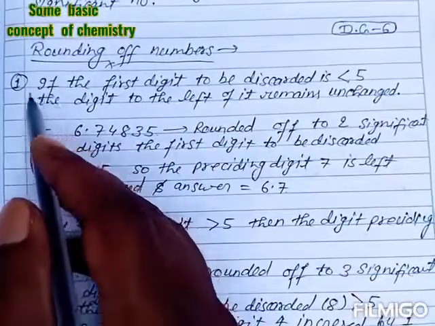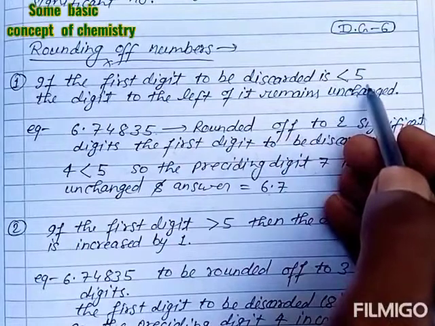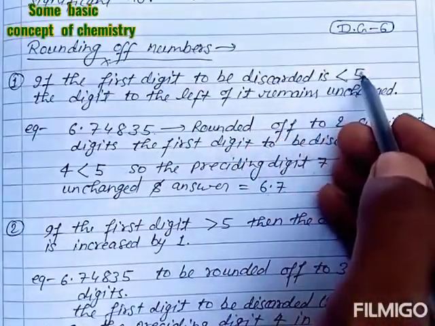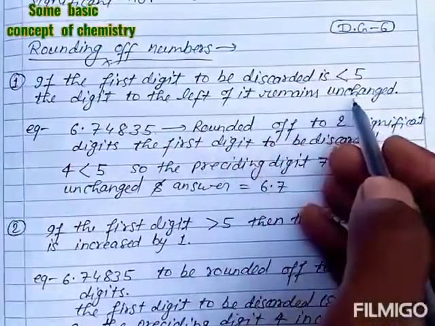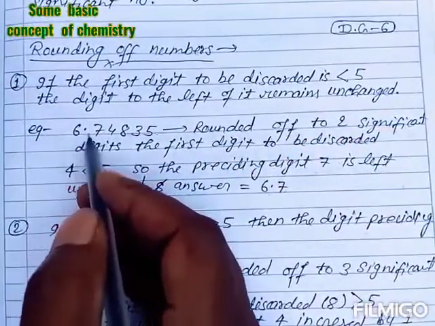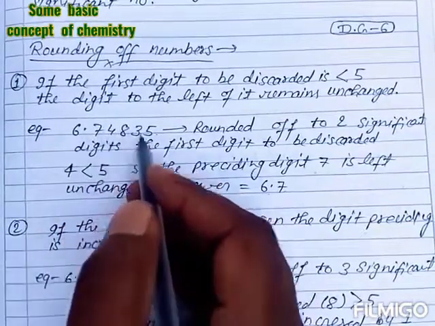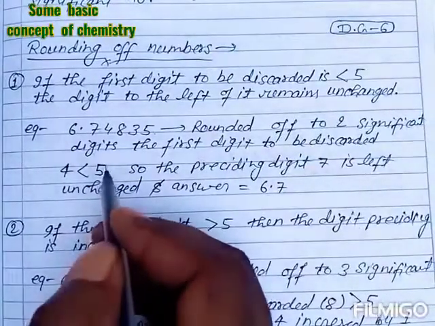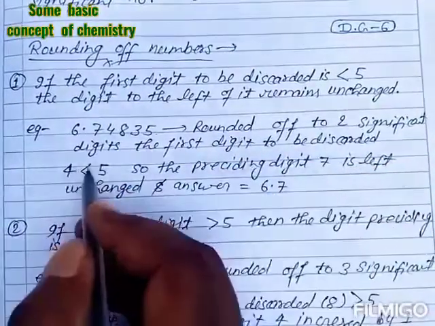Let us see rule number 1. If the first digit to be discarded is less than 5, the digit to the left of it remains unchanged. What does this mean? Take the number 6.74835. If we round off to two significant figures, there are only two significant digits.